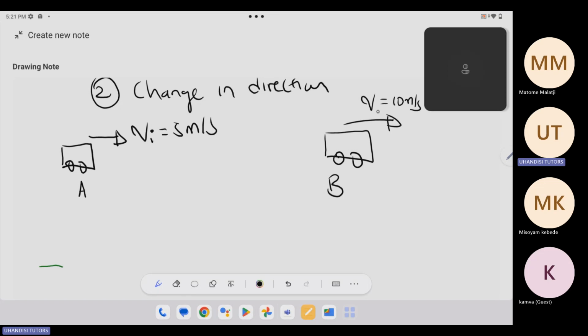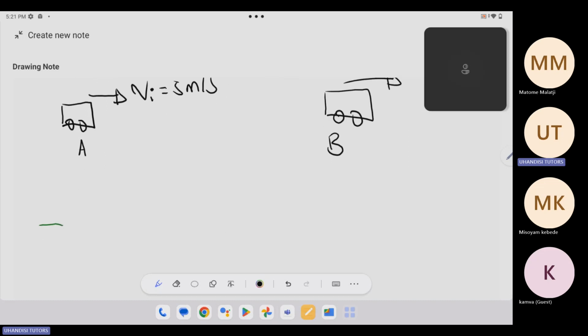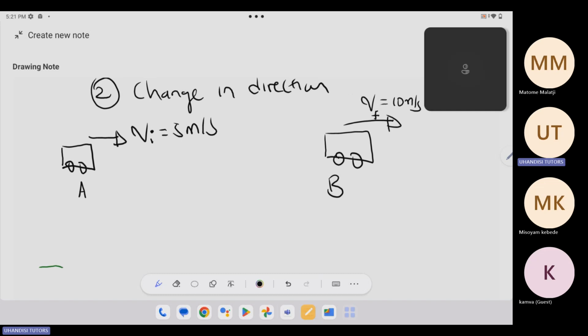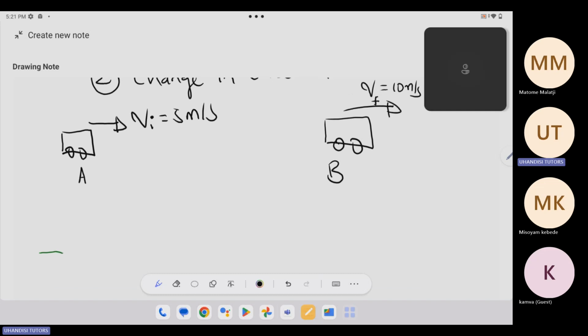So do you see that as the object is moving between A and B, it is changing in velocity. Let's say that the time it takes for this car to change in the magnitude of the velocity vector is 2 seconds.